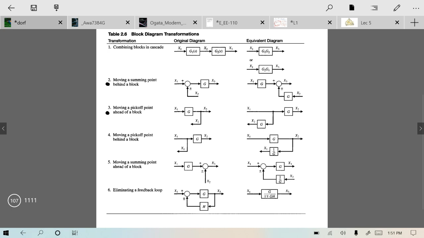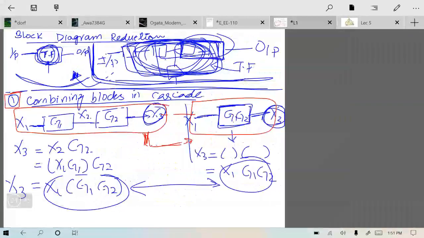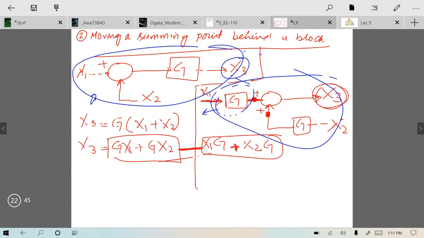It's simple because at this point in the summing point, you have x1 signal, whereas at this point you have x2. If you want to move this summing point to this point, then the output shouldn't be changed. X3 should be whatever it is. So we discussed this in point number 2: there was a summing point, this is G and this is x3.